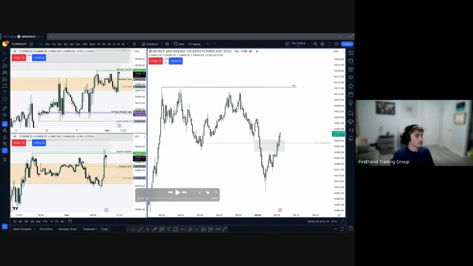Right here on the 15-minute chart, you'll see how price was accumulating, manipulating down, and then moving up through buy-side liquidity, which was yesterday's high, then dropping down into an inefficiency right here. This is a buy-side imbalance, sell-side inefficiency, right?